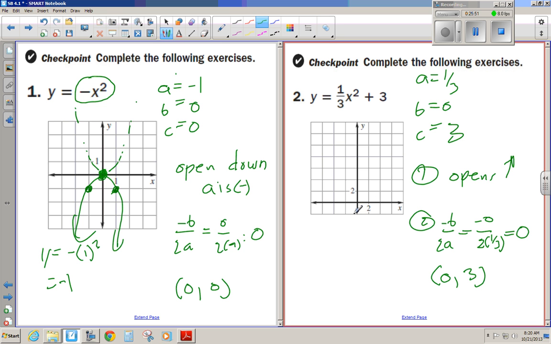So 0, 3 is my vertex, and then it opens up. We need another point. You can't use 0, 3 as your other point. So let's put a 3 in there. Let's check the point 3 comma something. 1/3 of 3 squared plus 3. Well, 3 squared is 9, and a third of that is 3. It's 6. So 3, 6. Mirror image. And here's your graph.